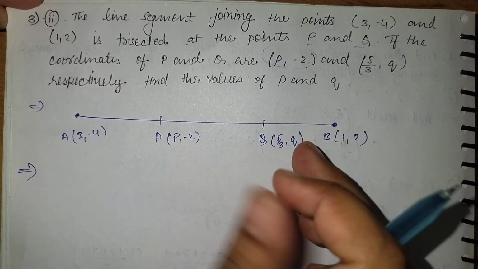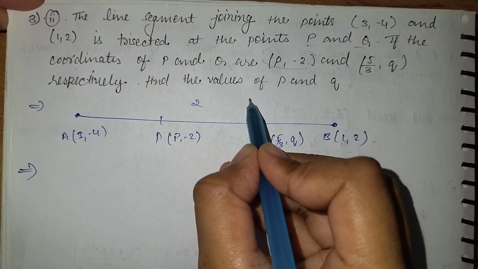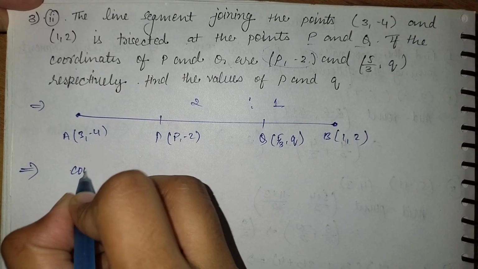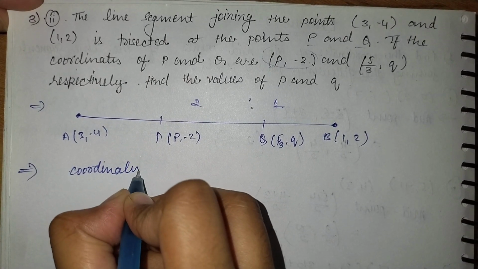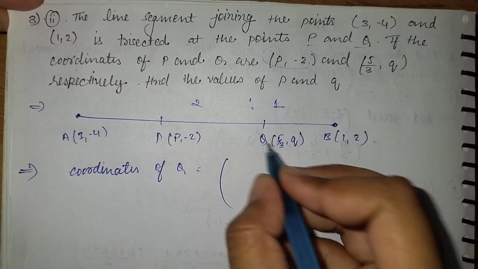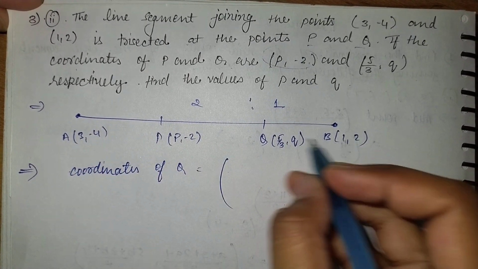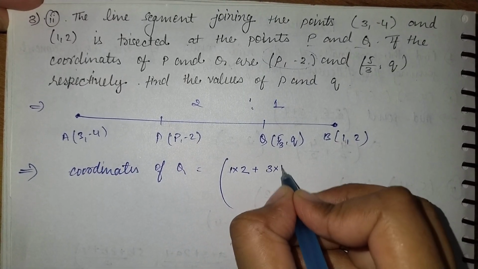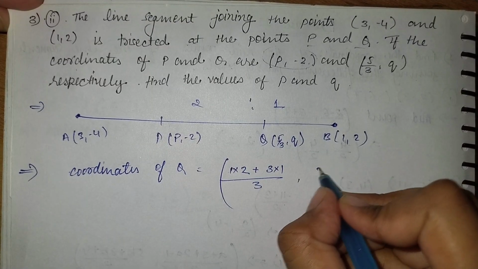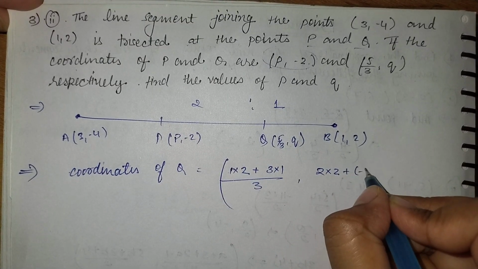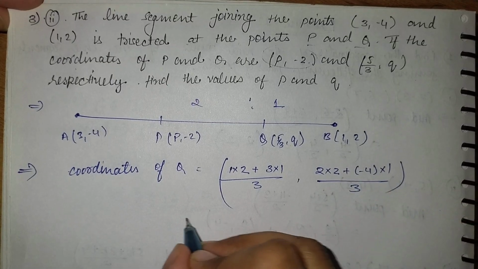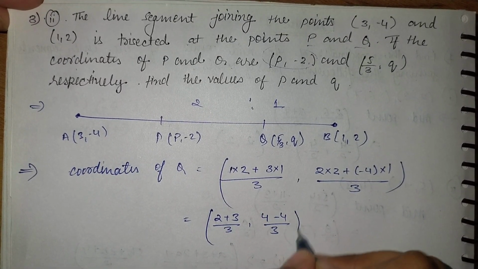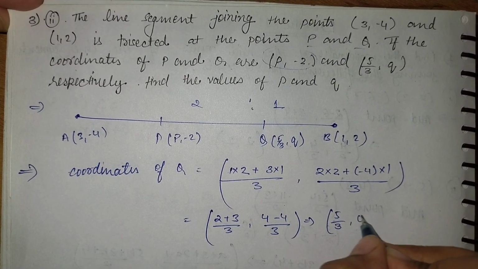Firstly, we are going to use the section formula for finding the value of q, which divides in the ratio 2:1. So by the section formula, coordinates of Q equal (1 into 2 plus 3 into 1) upon 3, then (2 into 2 plus minus 4 into 1) upon 3, equal to 5 upon 3, 4 minus 4 upon 3, equal to (5/3, 0).